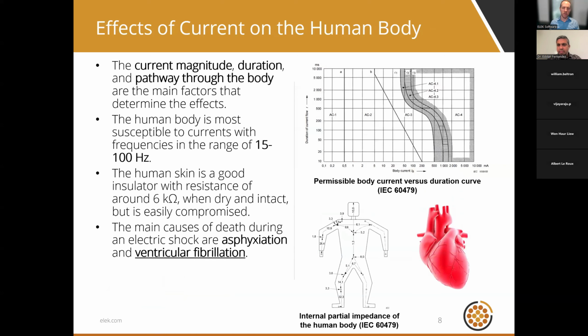The effects of current on the human body are quite complicated. They have been studied over the past 100 or so years. There are a couple of standards which document the effects. The main standard is IEC 60479.